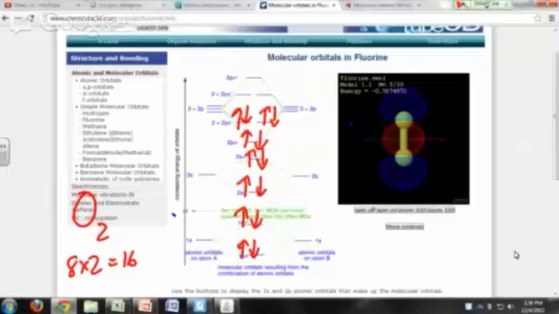And then 2 more. We have to distribute them to the partially filled subshell right there. So that is your oxygen. What's your bond order for oxygen?